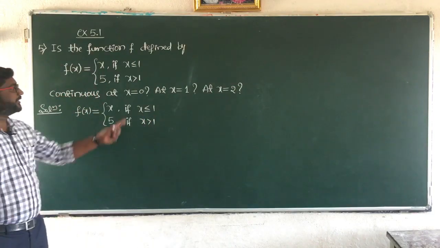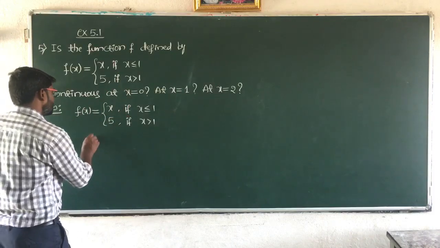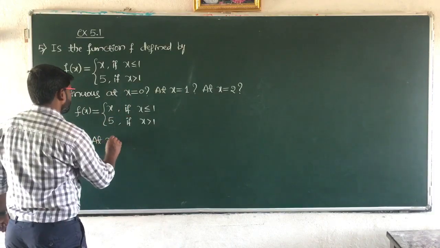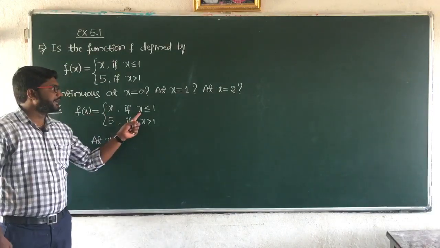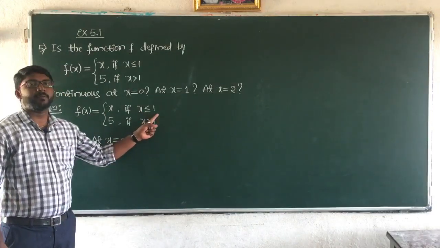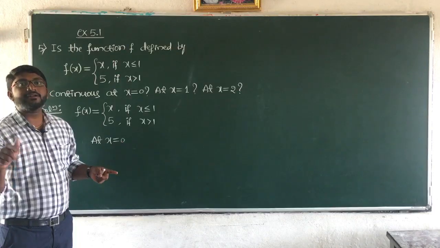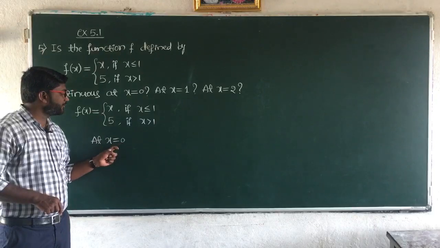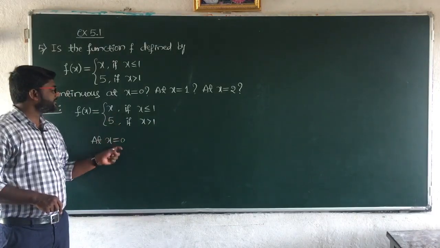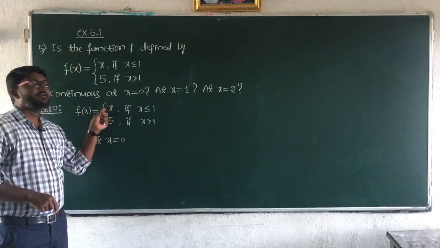So the first point is at x equal to 0. So see the function here: for x less than or equal to 1, if x is equal to 1 or less than 1, the function is x. Here it is x equal to 0. That means at x equal to 0 the function is x.